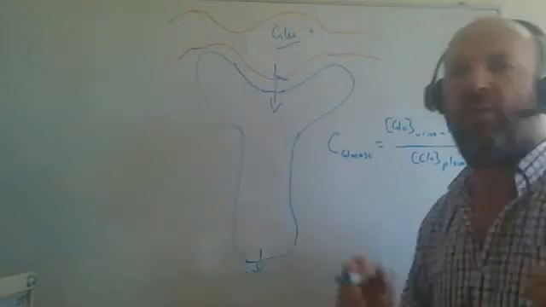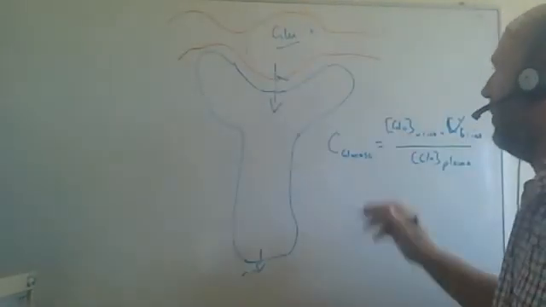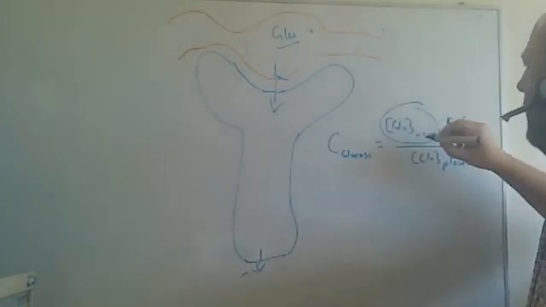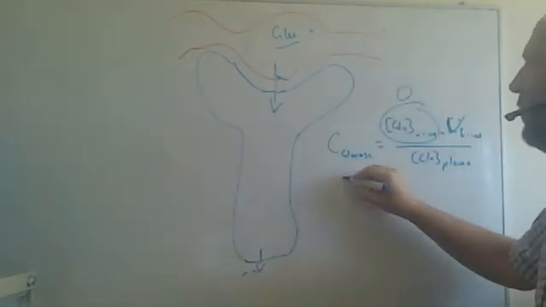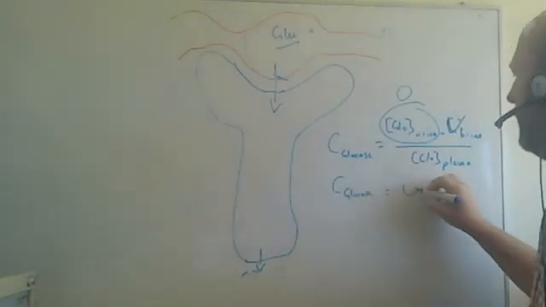Now, again, before we even worry about the concentration of glucose in the plasma or anything, what we do is we measure, and if the person has no glucose in their urine, this value is equal to 0. So again, the clearance of glucose would be equal to 0.